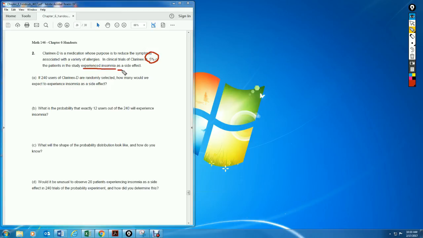Experiencing the insomnia is what we would call the success in this case, and 5% is the probability of success. So in other words, P is equal to 0.05. That's how you would write 5% in decimal form.